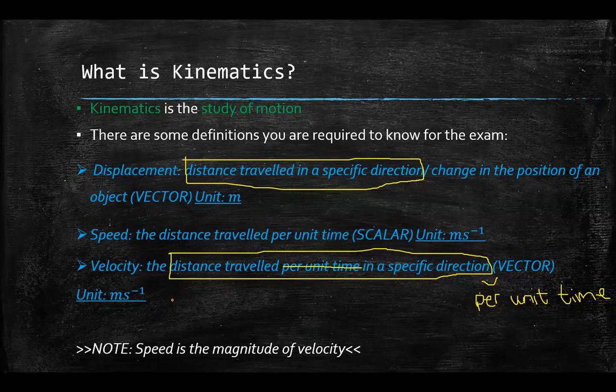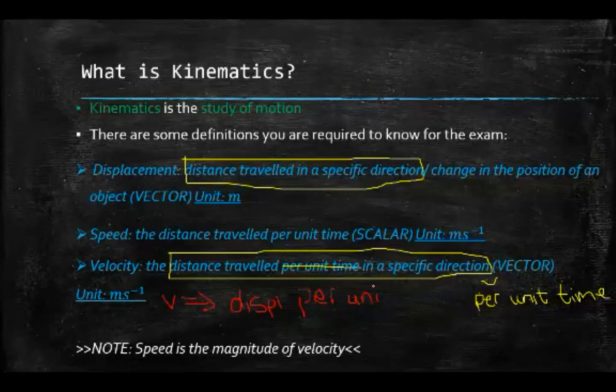this meaning displacement, then I can actually manipulate this definition. And instead of putting this long thing, I could actually say velocity is the displacement per unit time. Notice how displacement and velocity are related.